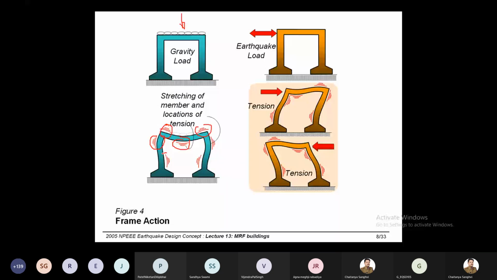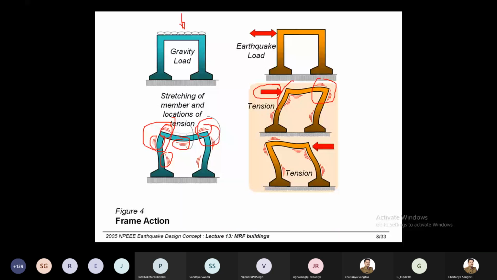But when the earthquake force acts, it is a lateral force, and when the earthquake force is acting in this direction, then this and this are matching. Okay, fine, no problem. But what about this and this? It is totally changed, right?